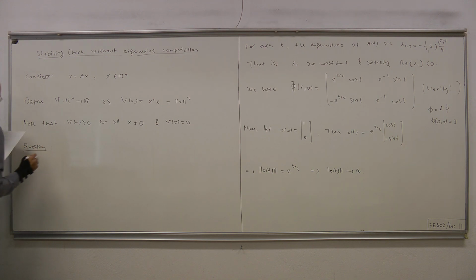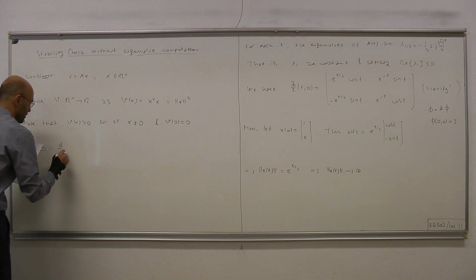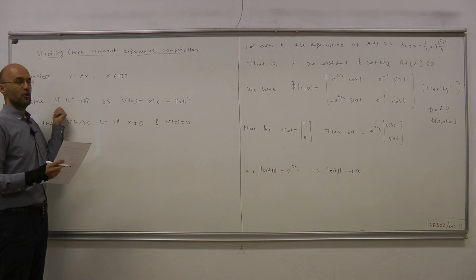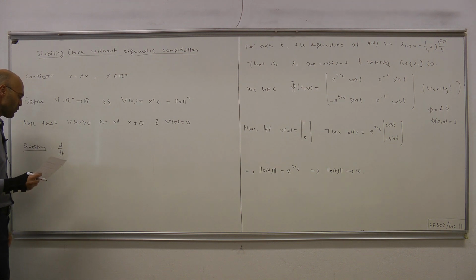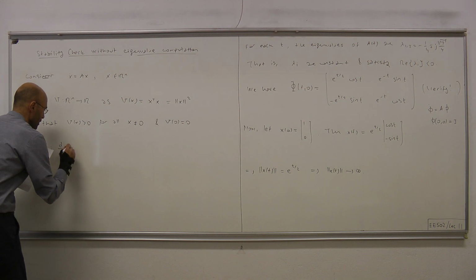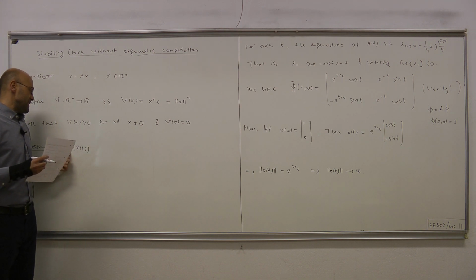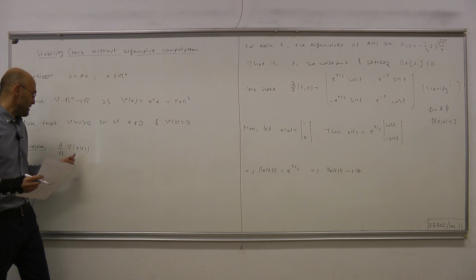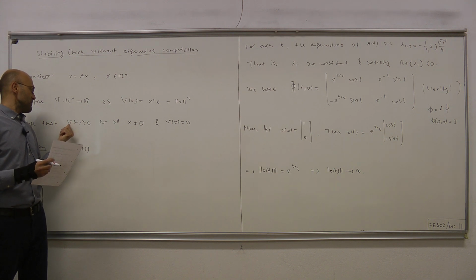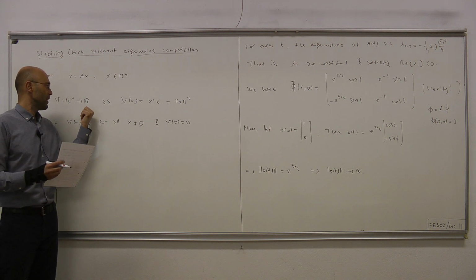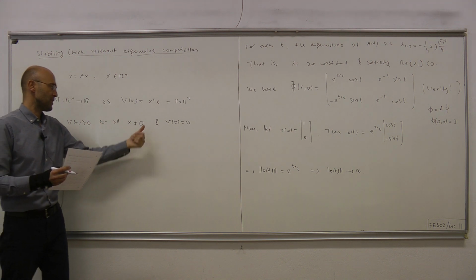Okay. Now, let's try to compute the rate of change of this scalar function with respect to time. In other words, what's v dot? What v does is it takes x vectors in Rn and produces a real number, a positive number, unless x equals 0.